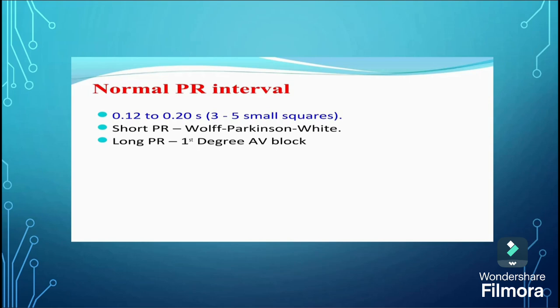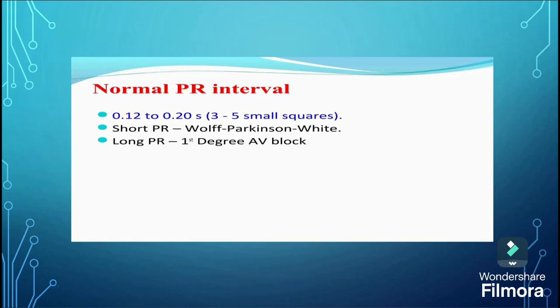And long PR interval, you will be seeing in first degree AV block. So what is first degree AV block? It is a disease of the electrical conduction system of the heart in which the electrical impulses are conducted slowly through the heart.